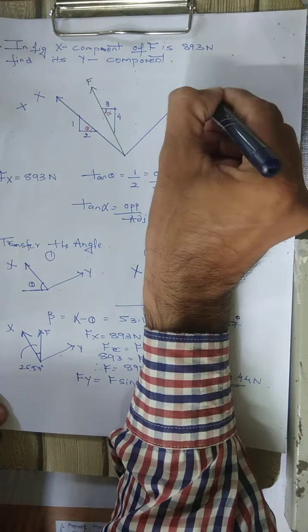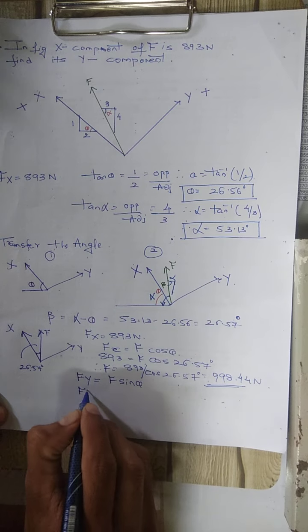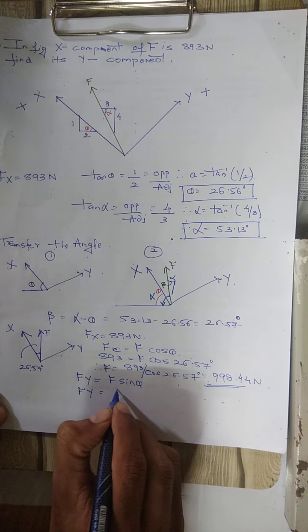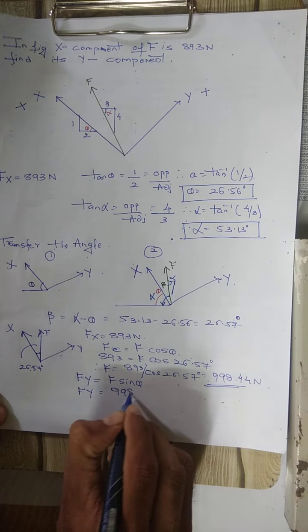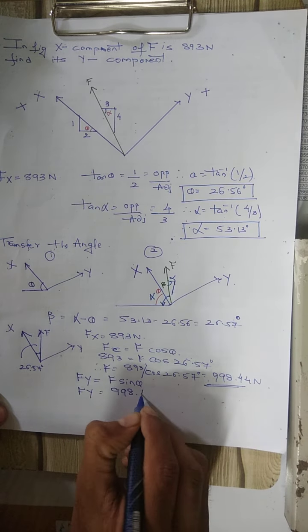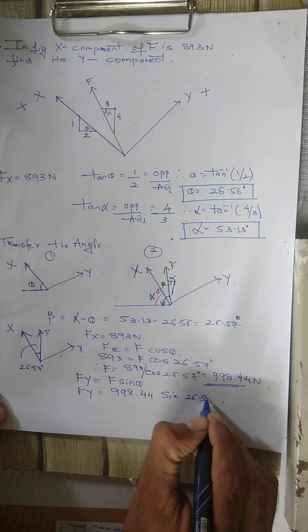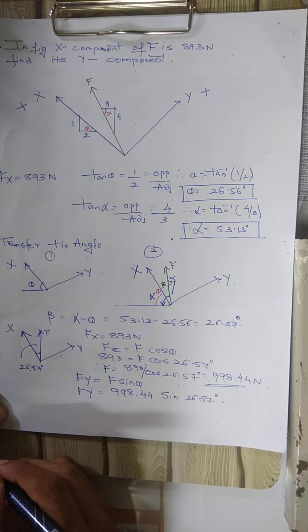So Fy is equal to F sin theta. F, just now we have calculated, is 998.44, and the sine of the angle 26.57 degrees.